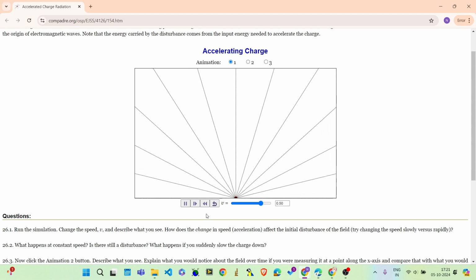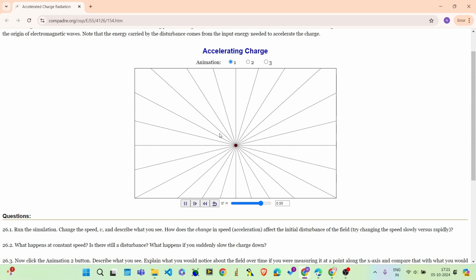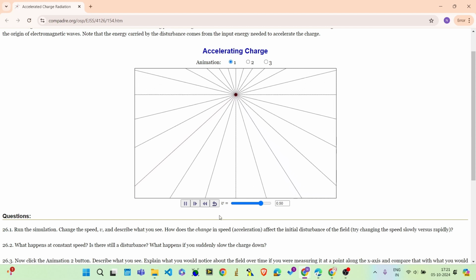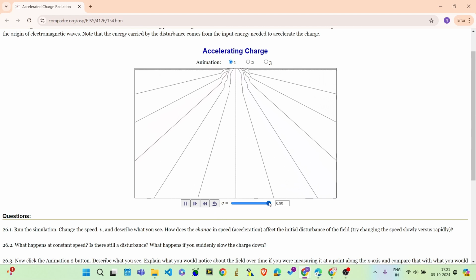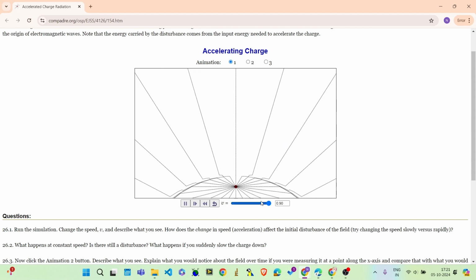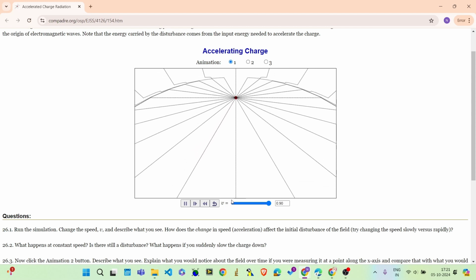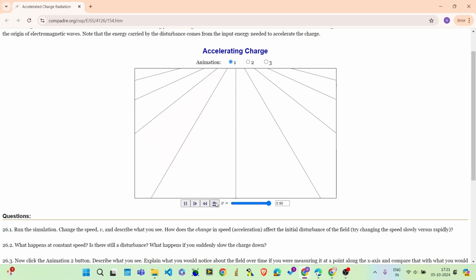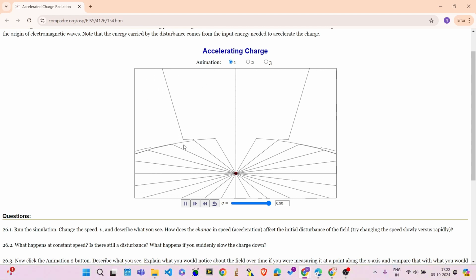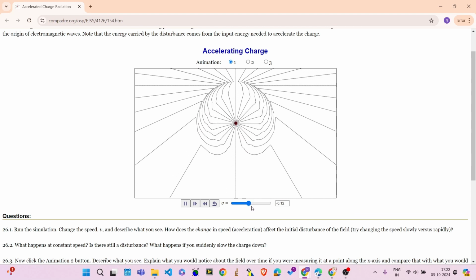Okay, so you cannot see any changes in the distribution of these electric field lines. But what happens when you increase the velocity? If we change the velocity a bit, you can see there is a tangential component appearing now.